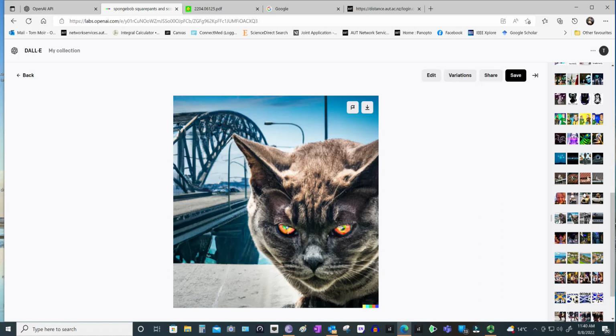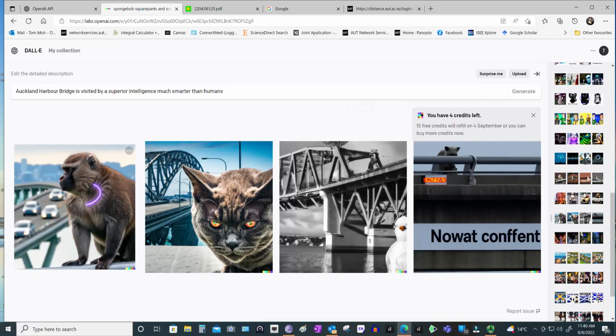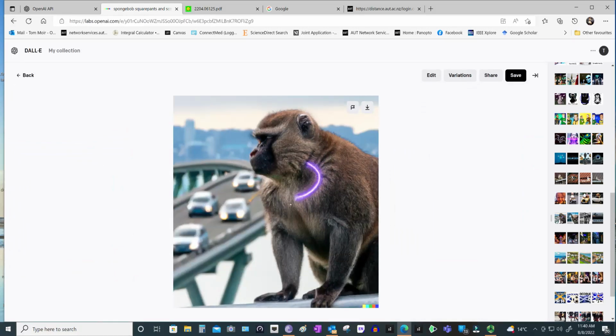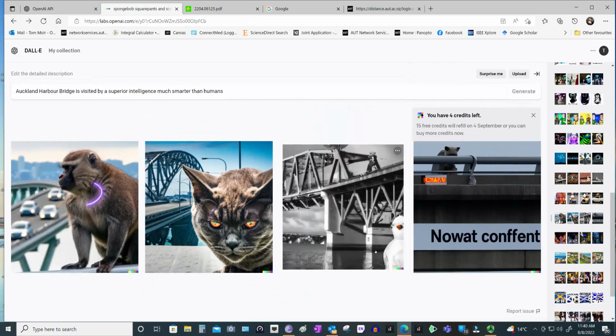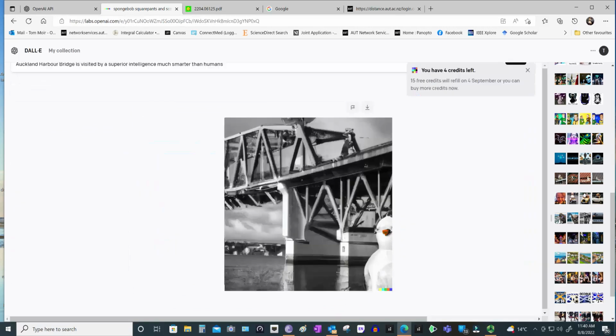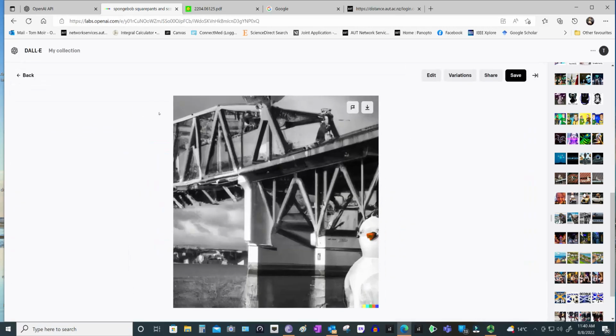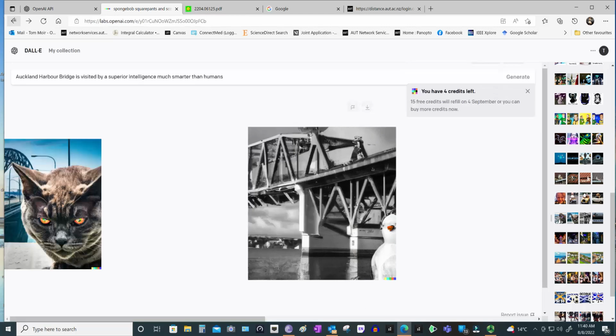And look at the eyes, isn't that amazing? It also had a monkey as well, which I can't figure out what this strange thing is all about. And some other versions. So it gives you 4 versions each time.